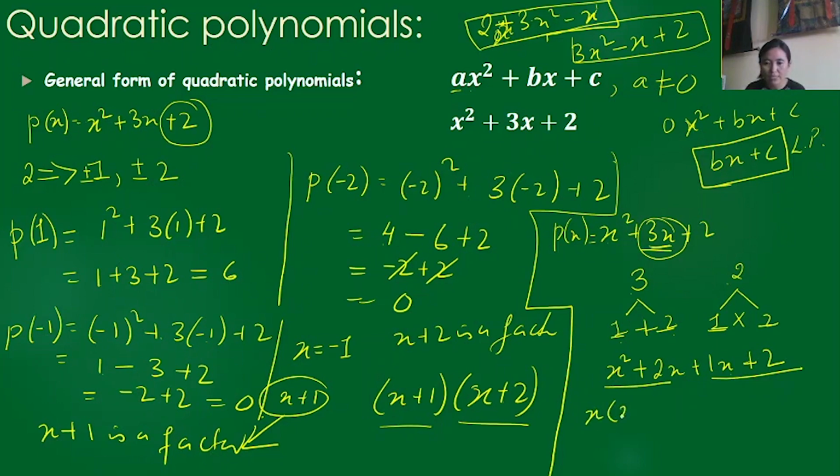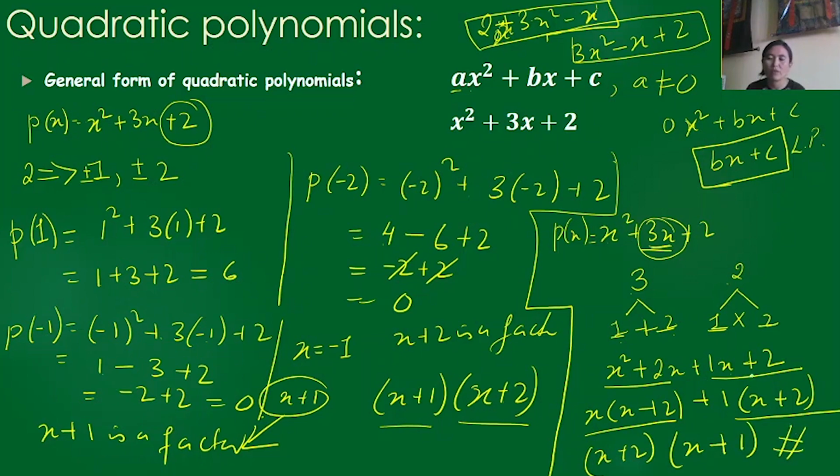You'll take out x and you'll get x plus 2, plus you have 1 as a common factor, so you'll get x plus 2. Again we have x plus 2 in both the terms, so we'll write x plus 2 followed by x plus 1, which is left. This is how we factorize using the splitting the middle term method.